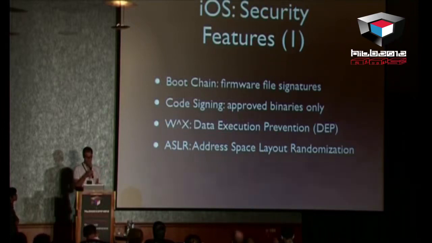The next part is data execution prevention. This is a feature that protects memory pages in a way that you can either write to a page or execute code from it, but you cannot do both at the same time. ASLR is the next feature.